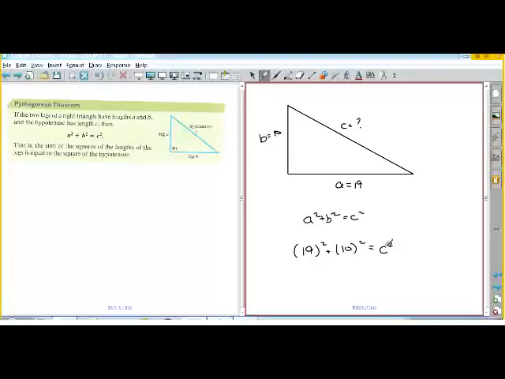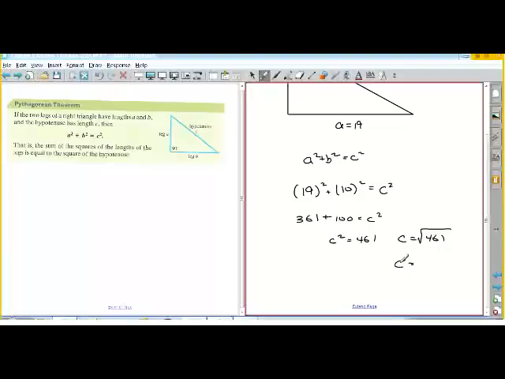So you take 19 squared, which is 361. 10 squared is 100. So C squared is equal to 461. Therefore, C is equal to the square root of 461.